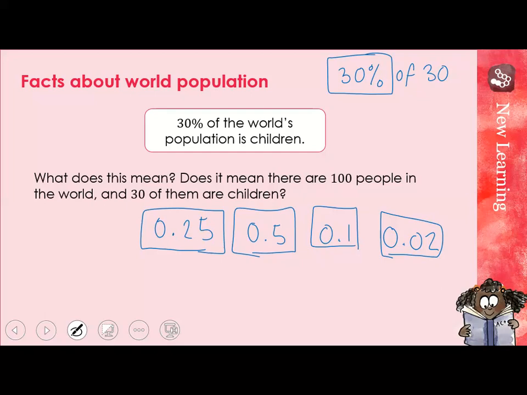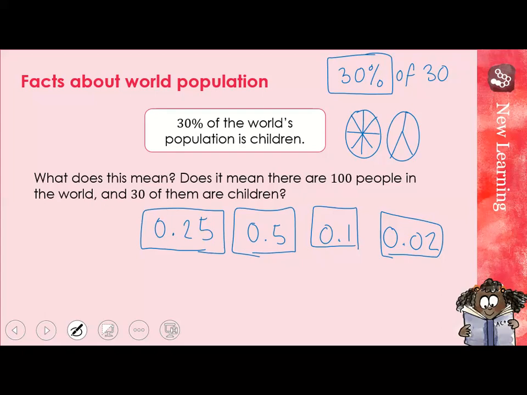Fractions are less easy to order, especially when they all have different denominators. But it's really easy for us when we're talking about parts of one whole, for example, halves or quarters or eighths or even thirds and things like that. So that's what fractions are really useful for, telling us parts of the whole.